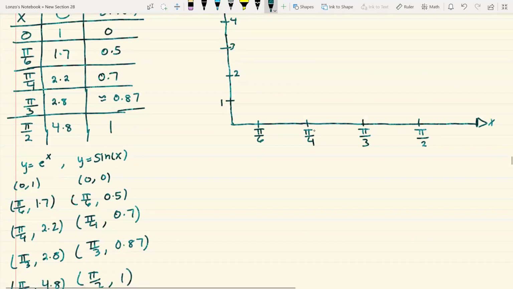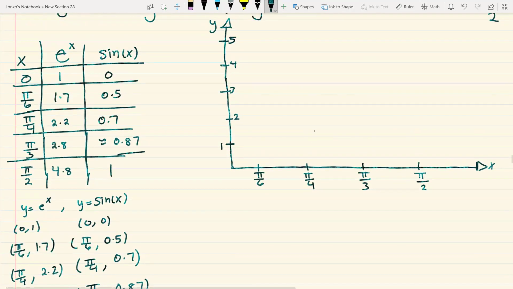Okay, so which one would you like to graph? What color should we use? Let's use rose gold for y equals e to the x.